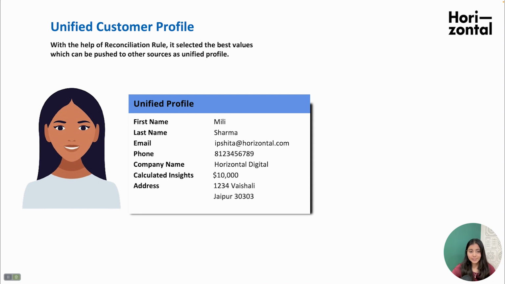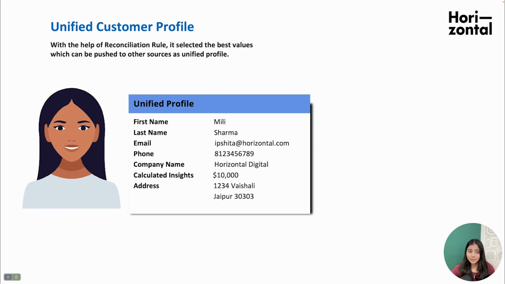This value also includes her total lifetime value. This amount came from all her past purchases and her current purchases, and it is calculated with the help of Data Cloud. Now this is her unified profile, and this is the ready data which Great Lakes can push to the marketing team for running campaigns.